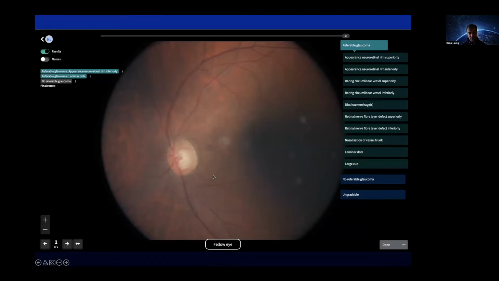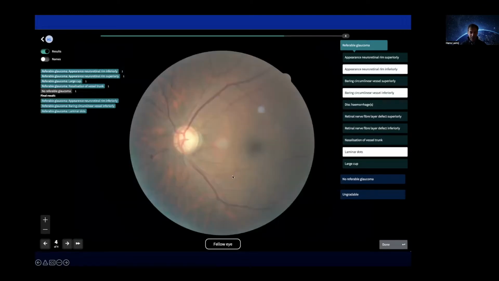Each image was individually graded by 2 randomly selected graders of a pool of 20, and they agreed whether it was referable glaucoma, no referable glaucoma, or picture was ungradable. Their consensus was the final label. But if they didn't reach agreement, a third grader was called in, an experienced glaucoma specialist, and his label was considered to be the final label.